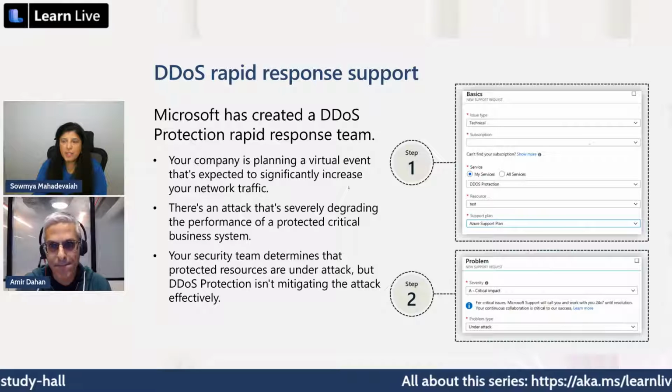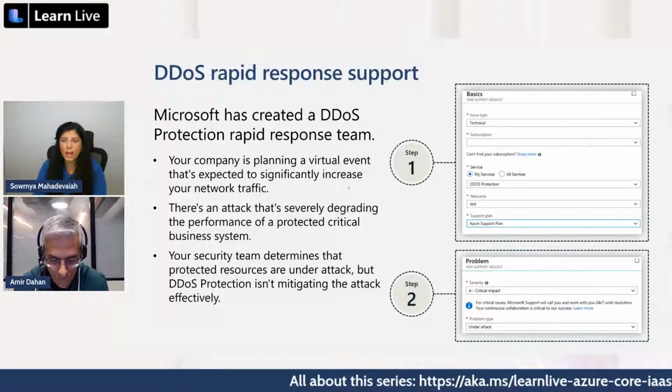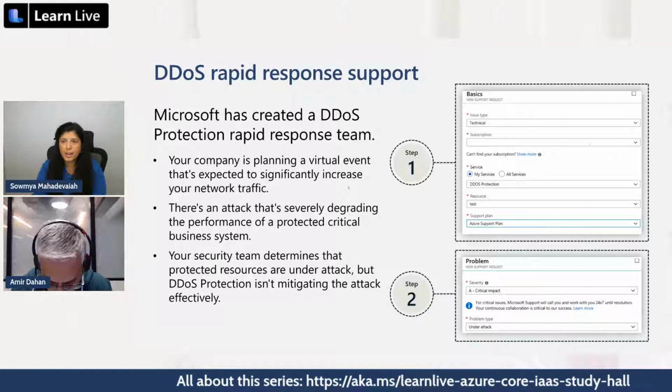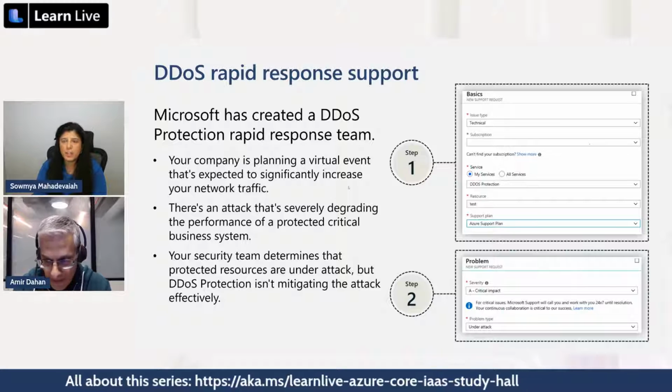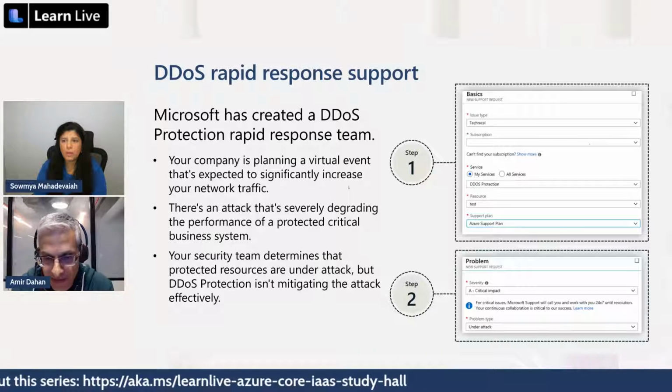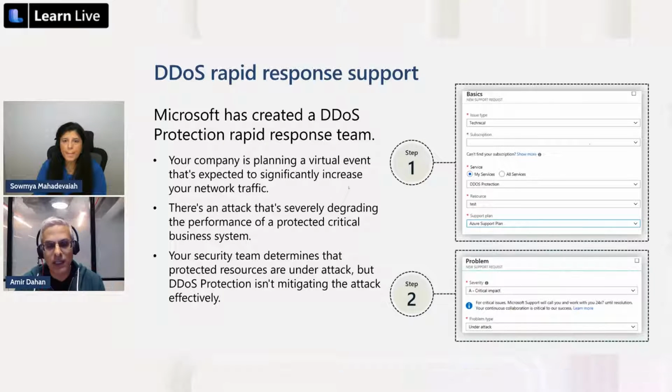So, Amir, do you have any real life examples of why rapid response is so important, without giving out any customer information? Yes, definitely. There are a lot of cases where, with rapid response, we go and help customers to mitigate attacks. I can give you one example from 2 weeks ago that I was part of.